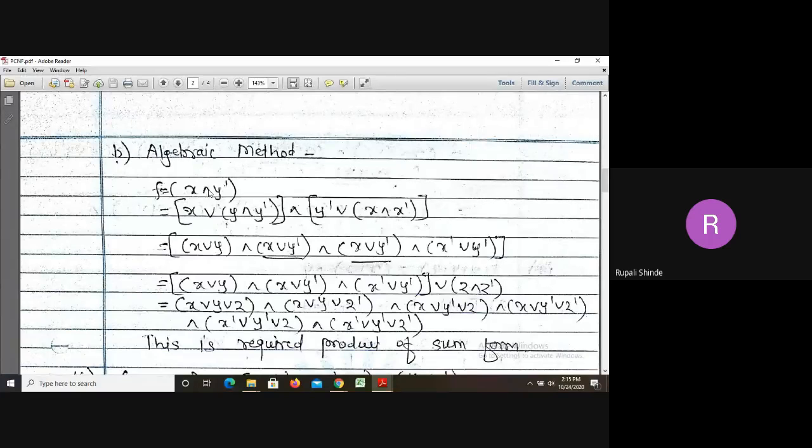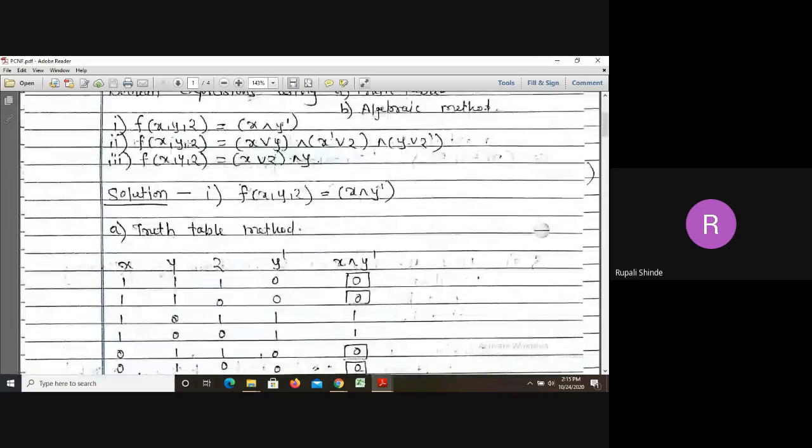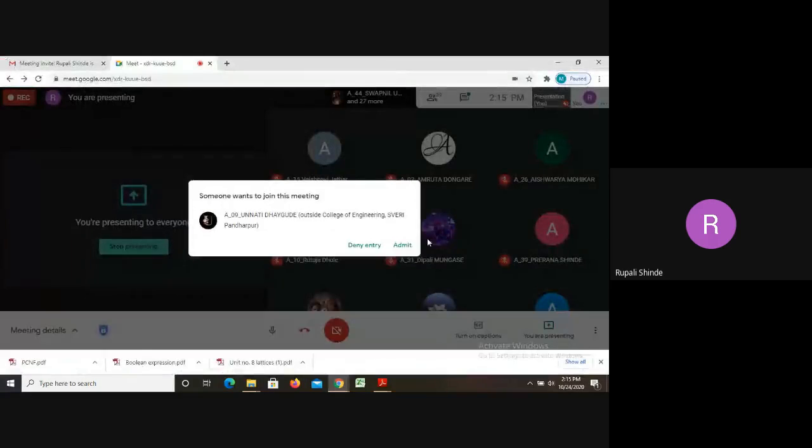So AND operation is given here between these two variables x and y's complement. म्हणजे काय? x ही टर्म सेपरेट आहे, y's complement ही टर्म सेपरेट आहे. त्यांच्यामध्ये प्रोडक्ट आहे. आता ह्या दोन्ही टर्म साठी आपल्याला मिसिंग व्हेरिएबल कुठले आहेत ते चेक करायचे. So our function consists of three variables x, y, z. तीन व्हेरिएबल आहेत.